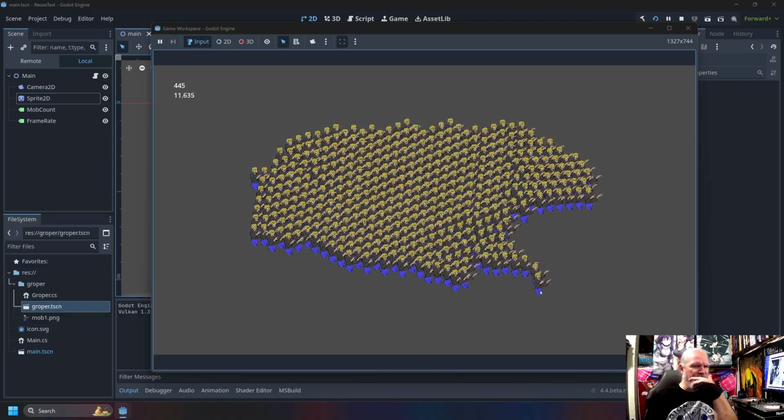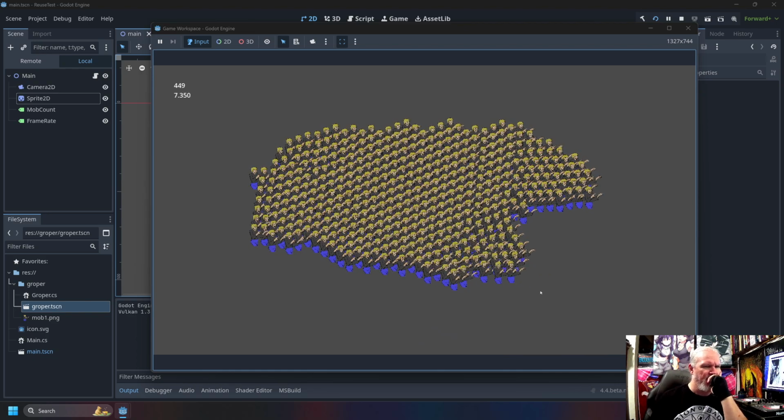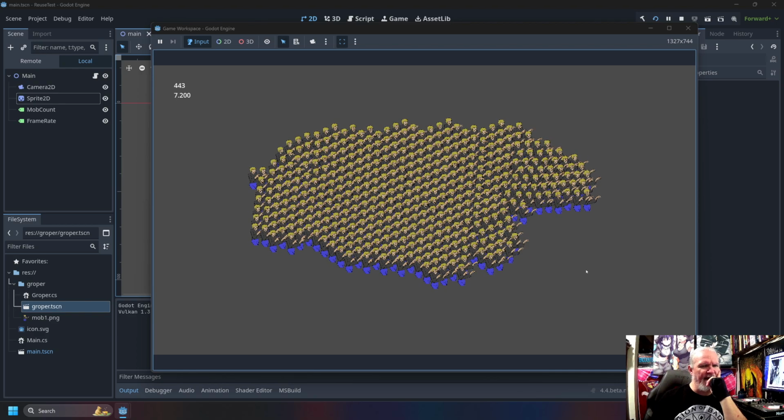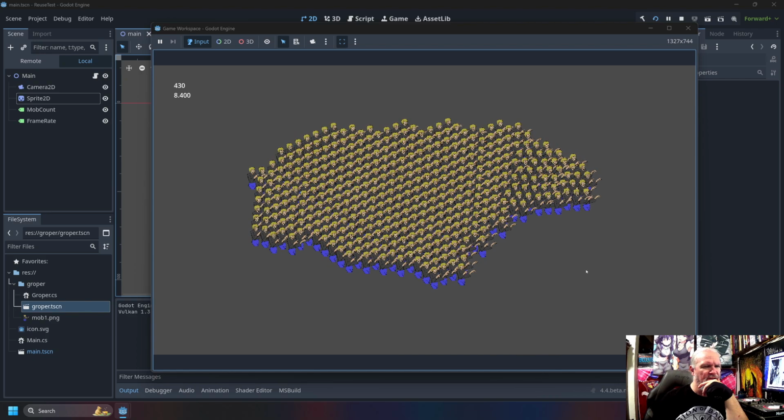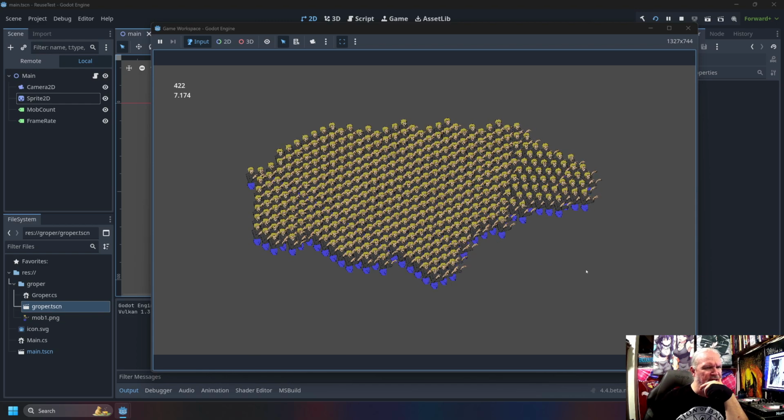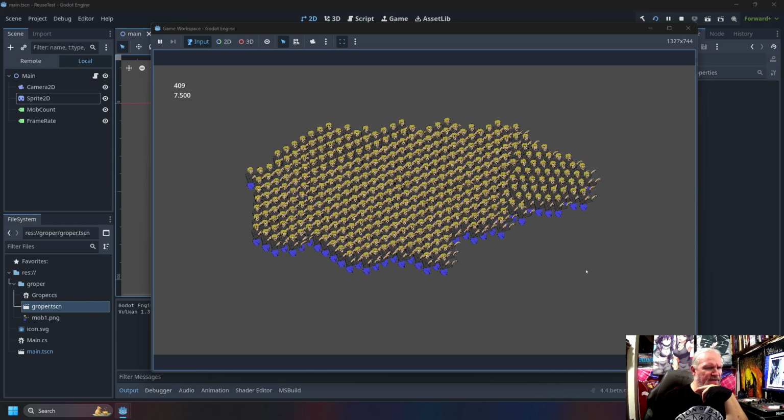If I take this up to 450 and then pull it back to 430, does it recover? No. What if I pull it back to 420? Does it recover now? No. Does it recover from 410?